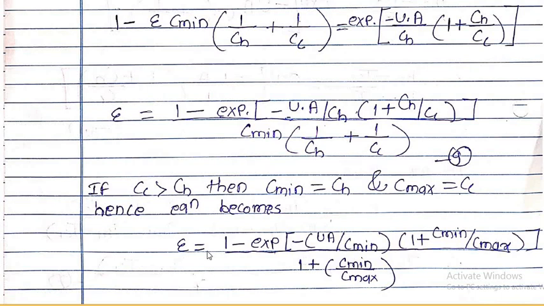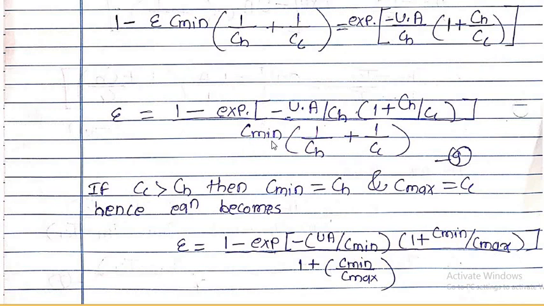Then the equation becomes effectiveness is equal to 1 minus exponential into bracket minus U multiply by A. Instead of Ch, here I am putting C minimum because of our consideration, into bracket 1 plus Ch is C minimum, so C minimum divided by Cc is C max, so the bracket will be complete, whole divided by.